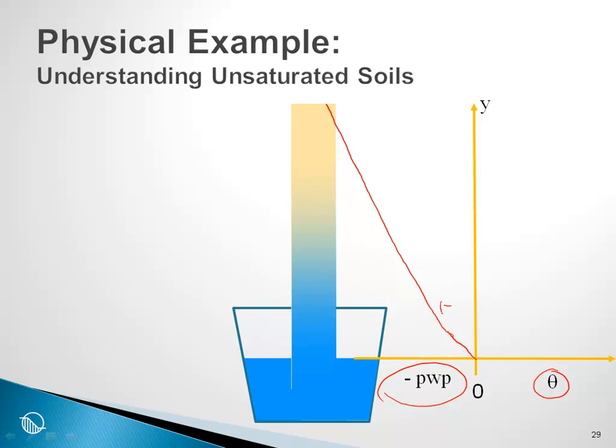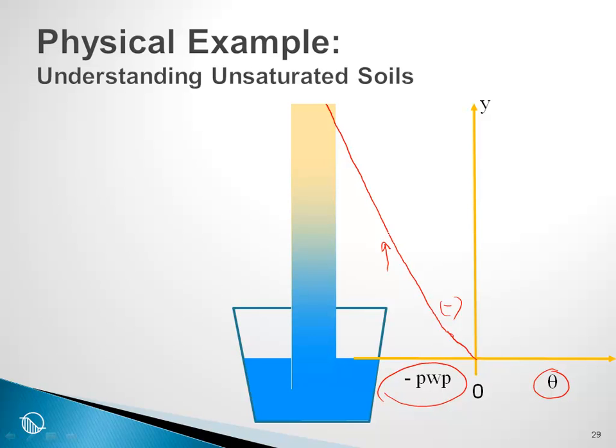Now maybe this curve isn't exactly linear, but the main point is that the pore water pressure is negative, and it becomes more and more negative the higher we go in this direction.